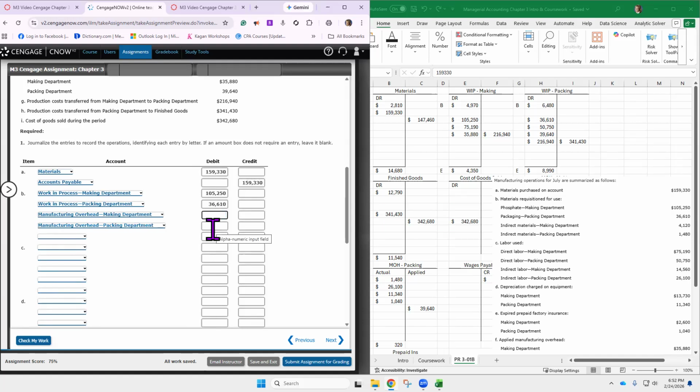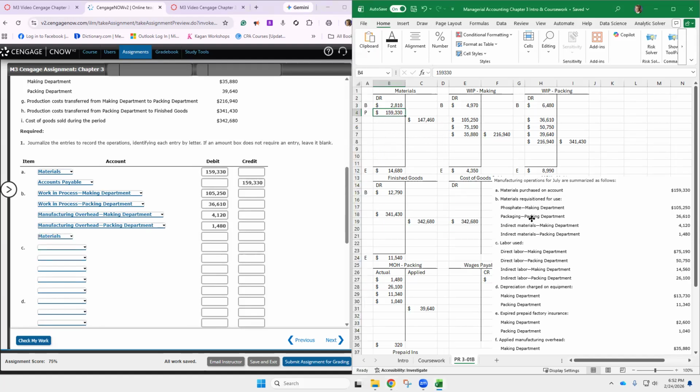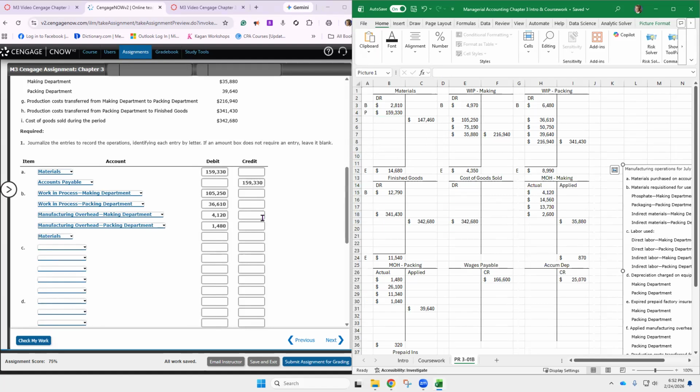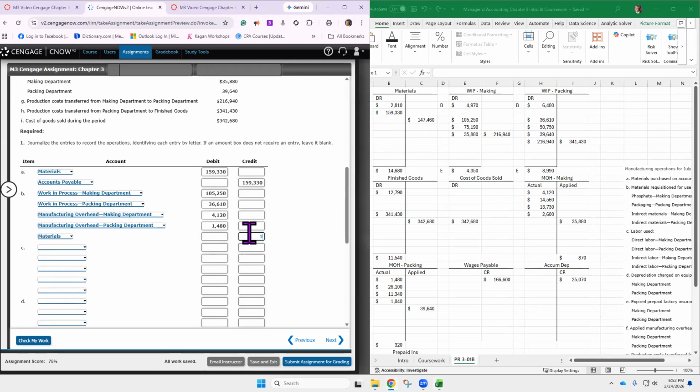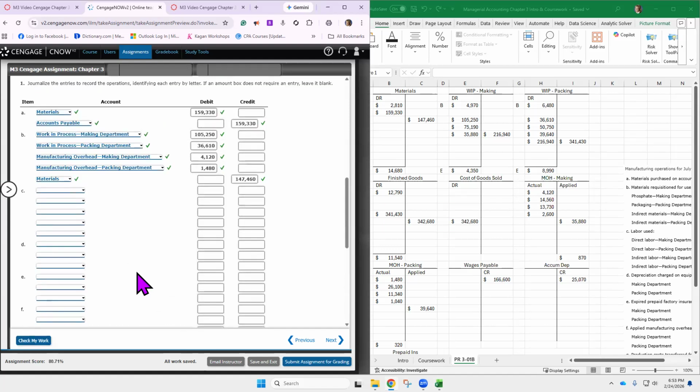So I got 4,120 and 1,480. All together, this is coming out of materials for 147,460. Okay, let's check our work. We should be all right.